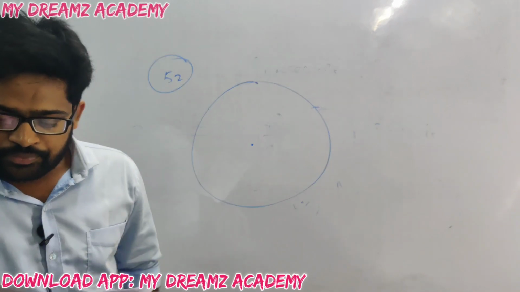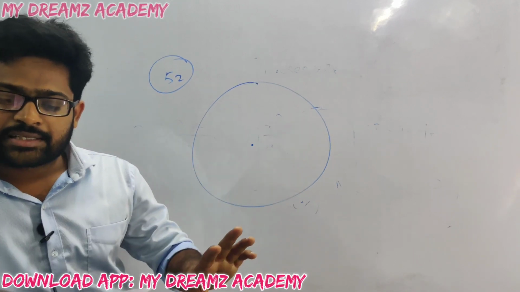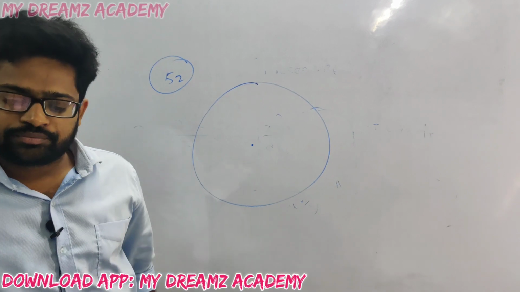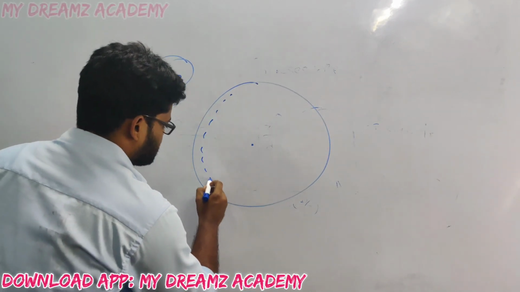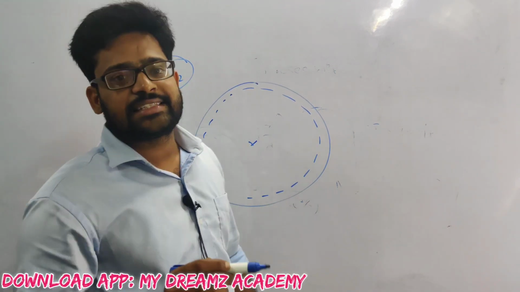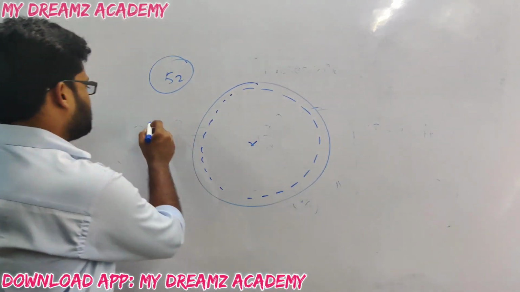And the second one: the portion of the conductor near the surface carries more current compared to the core. Okay, so most of the current will flow through the surface of the conductor and less current will flow through the center of the conductor. This is called the skin effect. So option B is correct.